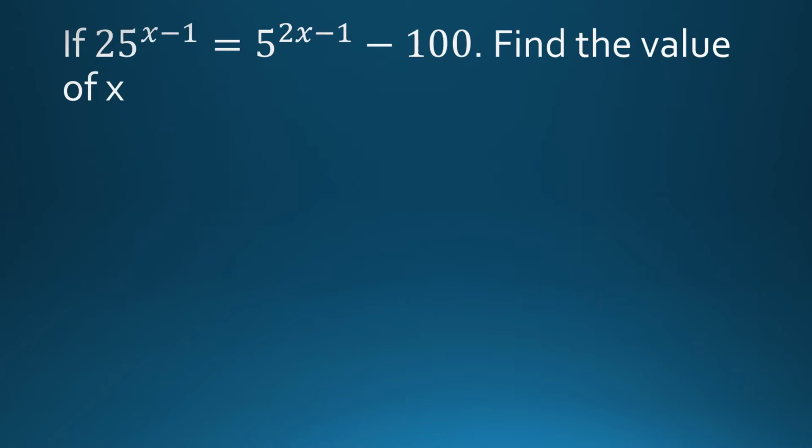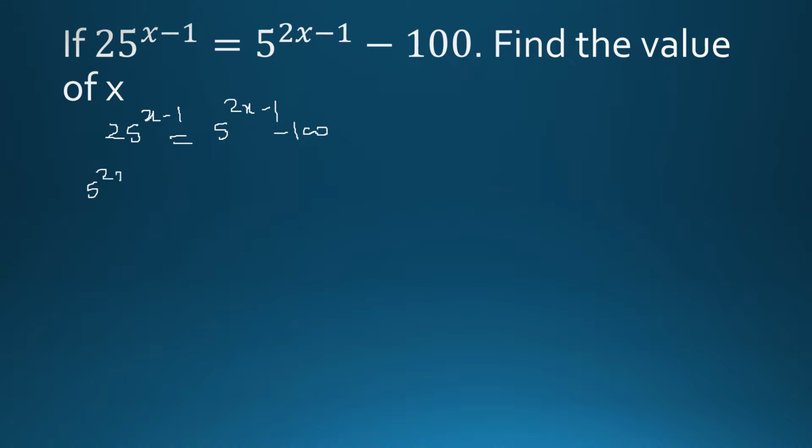So what have we got here? If 25 raised to power x minus 1 is equal to 5 raised to power 2x minus 1 minus 100, find the value of x. So let's see how we can do that. Let's put together all the like terms.